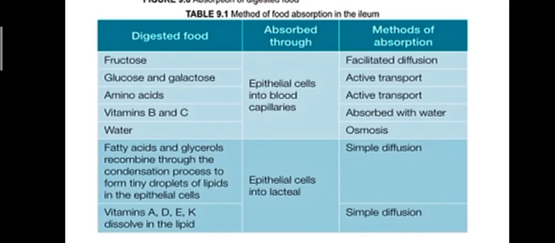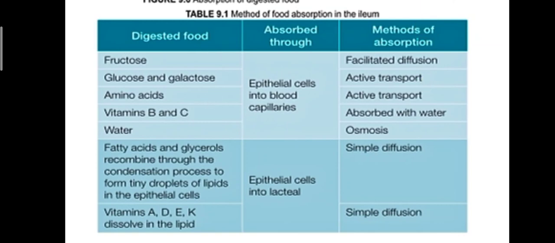Okay, so the methods of food absorption in the ileum. Digested food, fructose, is absorbed through the epithelial cell into the blood capillary, and the method of absorption is facilitated diffusion. Glucose and galactose also go through the epithelial cell, and the method is active transport.